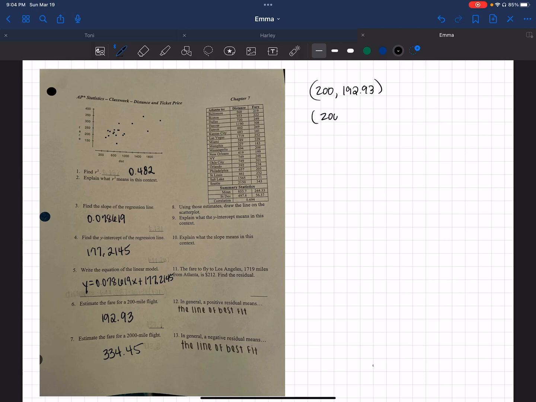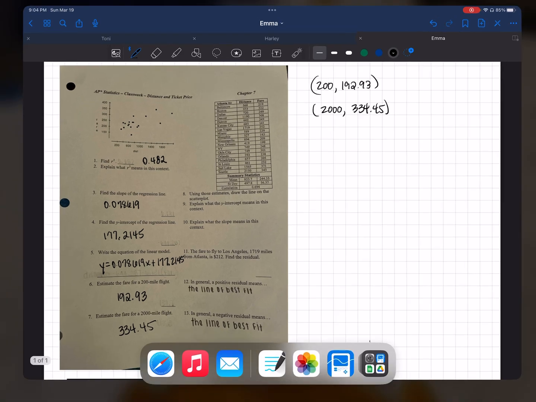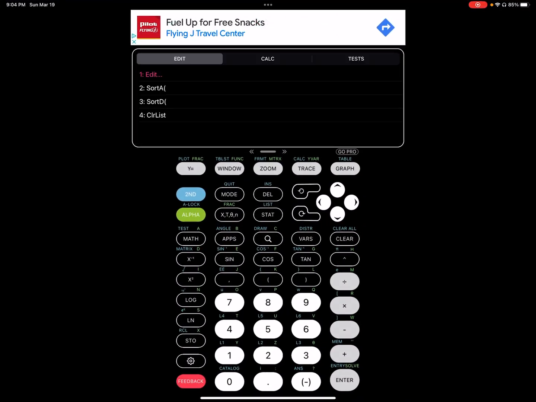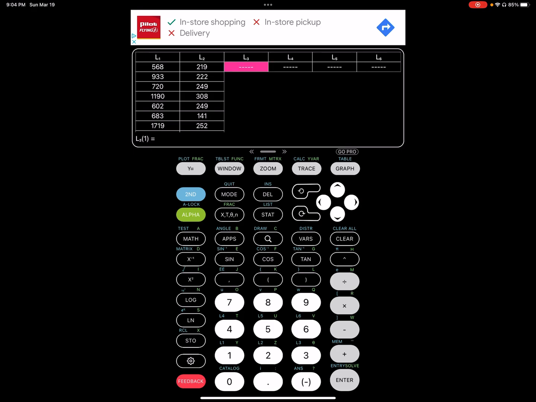Well, that was the point 200, comma 192.93, and then it was 2,000, 334.45. Well, I'm going to use my calculator and I'm going to make a regression on this, and I'm going to store it in Y2.